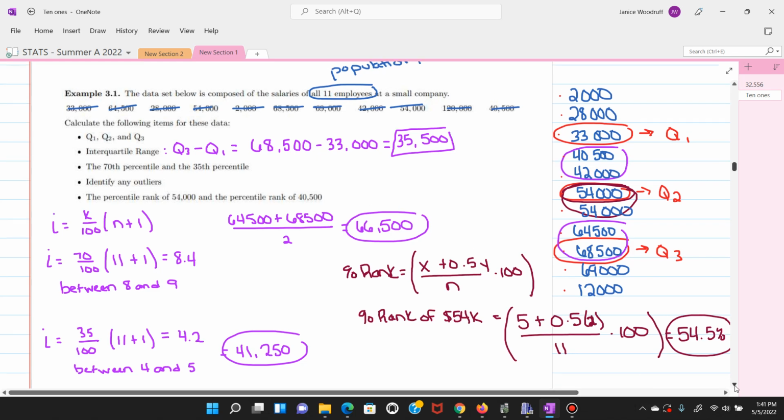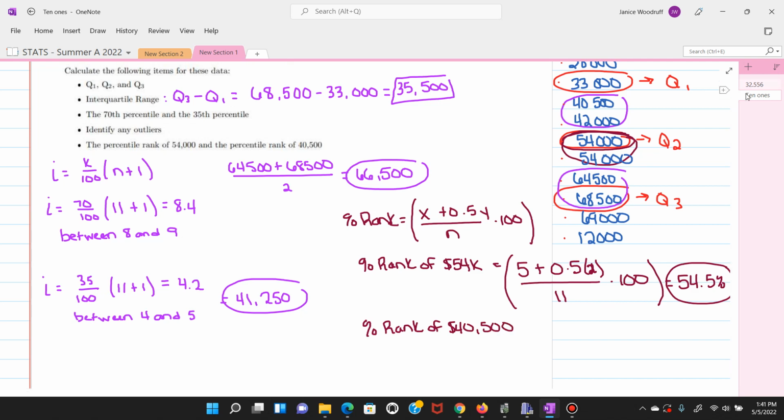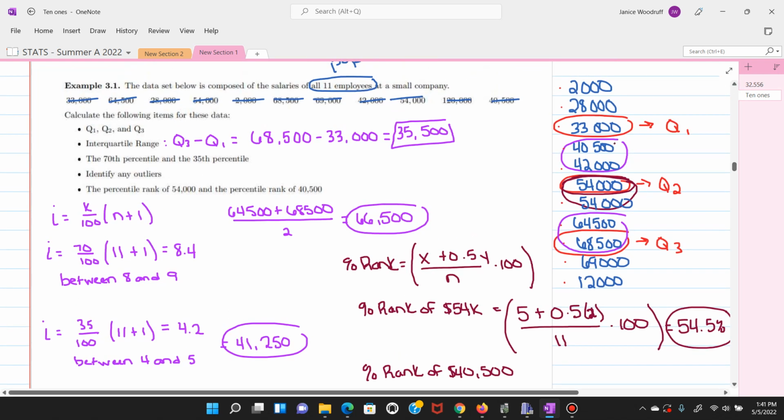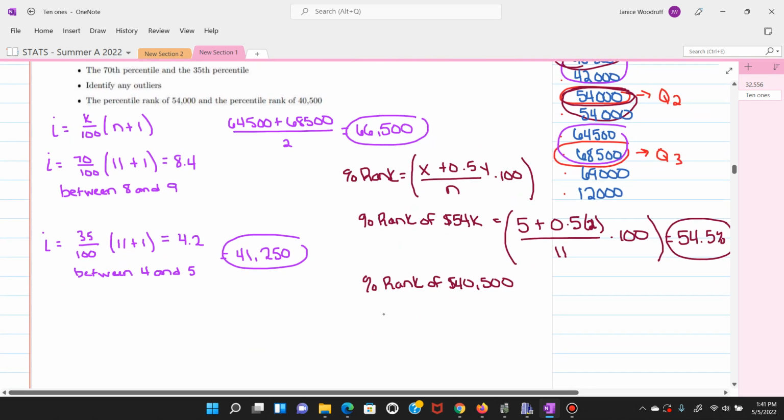And then 40,500. Okay, let's see. That is right here. There are 1, 2, 3 values less than that, and it occurs once. So we would go 3 plus 0.5 times 1 over 11 times 100.